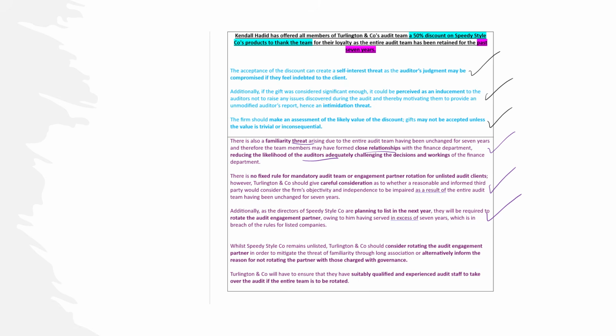Even now, even before the listing, you should consider rotating the engagement partner. And if you're not doing that, those charged with governance need to be informed. And at the end of it, if I consider rotation, I will have to make sure that the new team and the partner in particular have the relevant expertise.